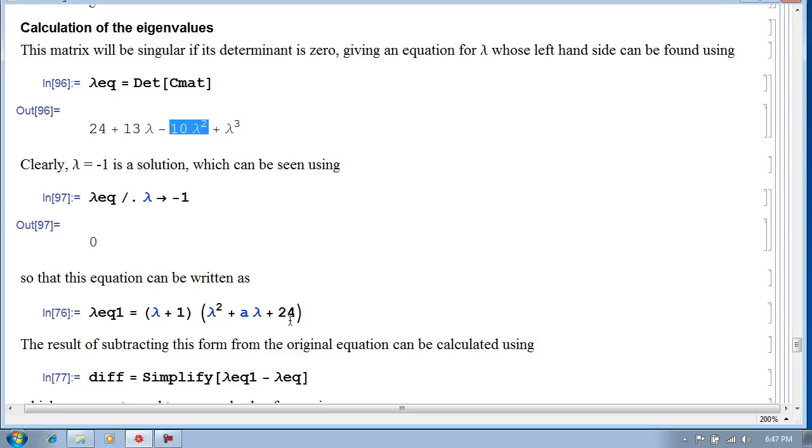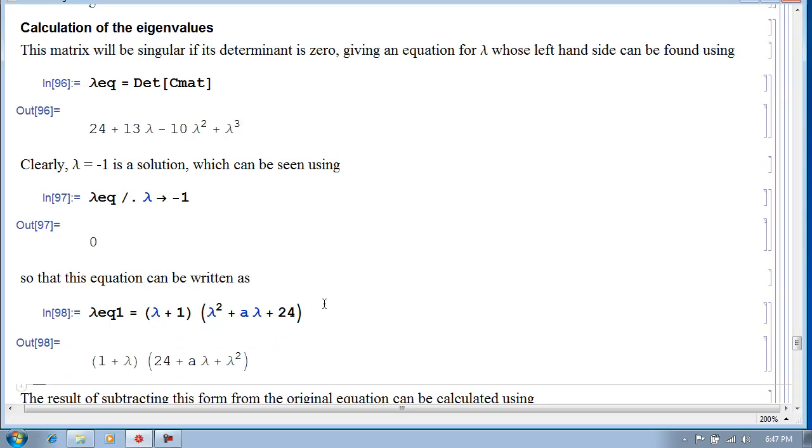And so we can write this equation as we can take out a factor of lambda plus 1, and then the result has to be a quadratic polynomial of this form, because the coefficient of lambda squared has to be 1 when we multiply it out, and the constant must also be 24. So the only thing that's unknown is the coefficient of lambda, and so let's do that.